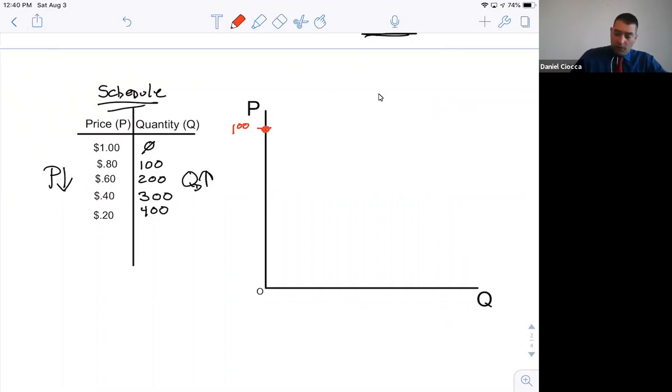Then if the price went to 80 cents, my customers would have been willing and able to buy 100 chocolate bars, so I'll label that point right there. If the price went to 60 cents, my students would have been willing and able to buy 200 chocolate bars. Notice I'm not drawing this to scale, but I'll do the best I can.